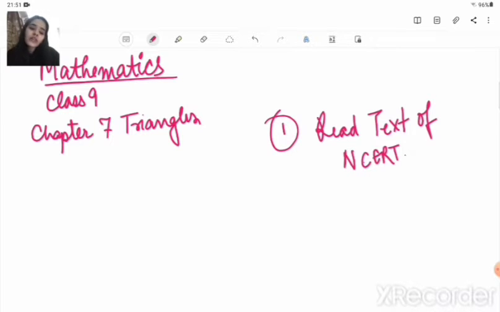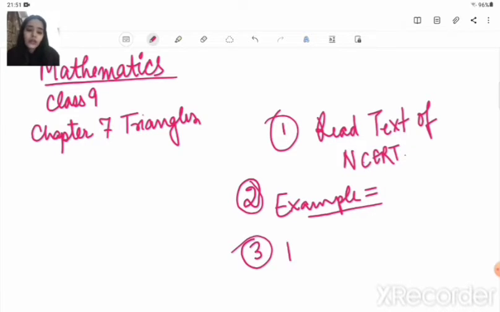While reading, we will observe that there are certain examples given in the NCERT book. When you start reading, there are a few explanations, then we will find examples, and after examples you will see exercises. First we will solve the examples, and after completing them I'll give you 10 to 15 minutes to check the questions of the exercise.